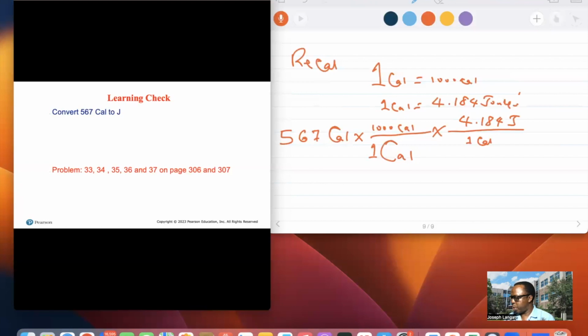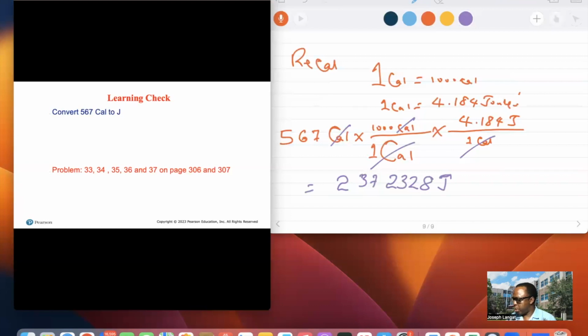So that when we reconcile the units, this will go, that will go, that will go. And what will remain, as you see on your calculator, is 2,372,328 joules, which is more than what we need in significant figures.